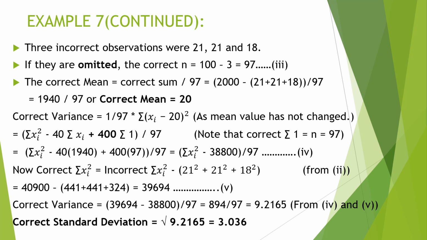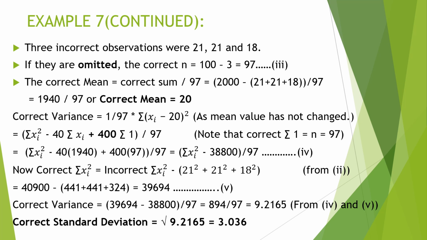It is sigma xi square minus 40 sigma xi plus 400 into sigma 1, upon 97. Again sigma 1 over here is n, but n now has become 97. So this is sigma xi square minus 40 into, put the correct value of sigma xi, which is now 1940, plus 400 into 97, whole divided by 97.